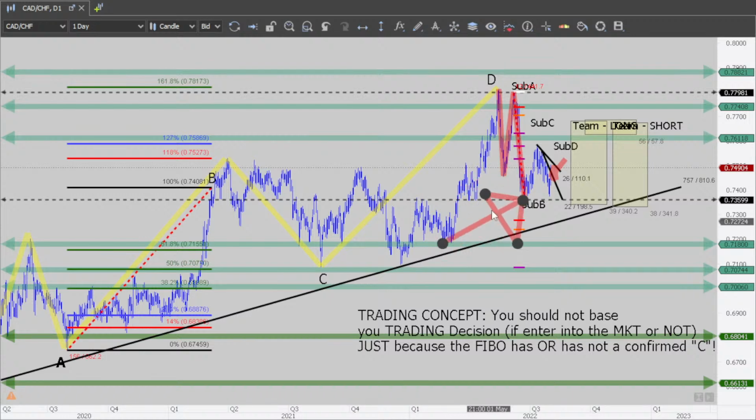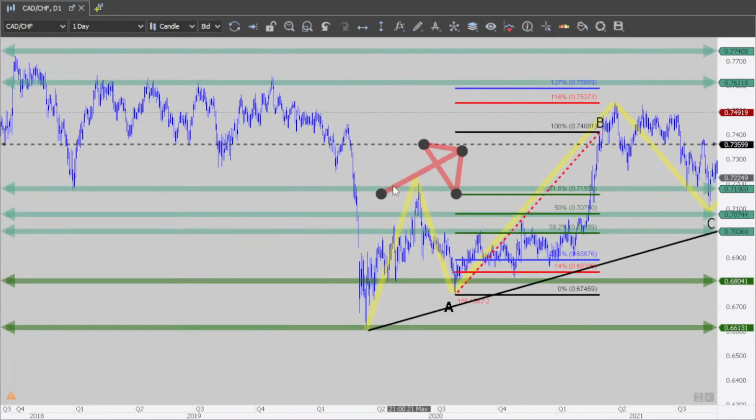Not just the confirmed C. Or before, "Are you going to short the market?" "No." "Why not?" "Oh, because I'm at the pivot point." Boss, I'm not going to trade at support resistance pivot point. Well, if you're not going to trade at support resistance pivot point, when, for God's sake, are you going to enter? Make sense, everybody?